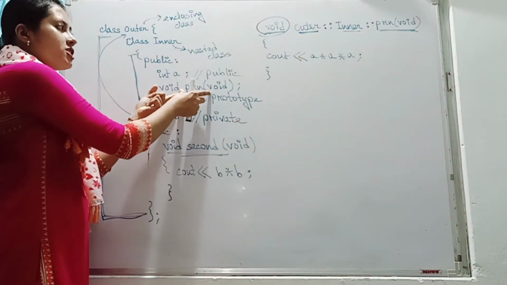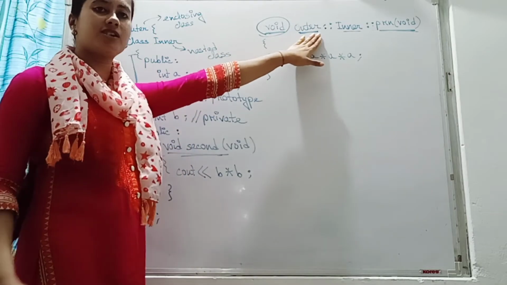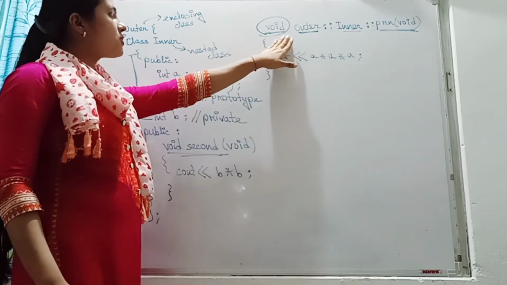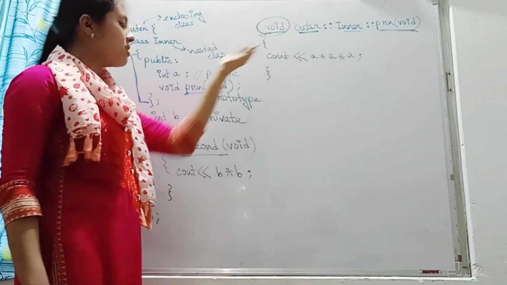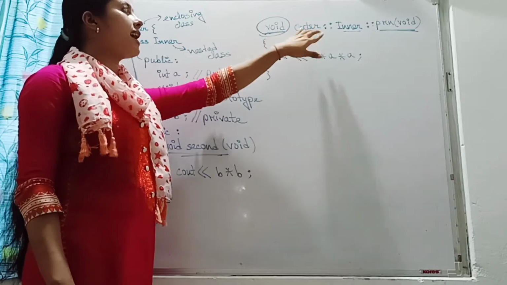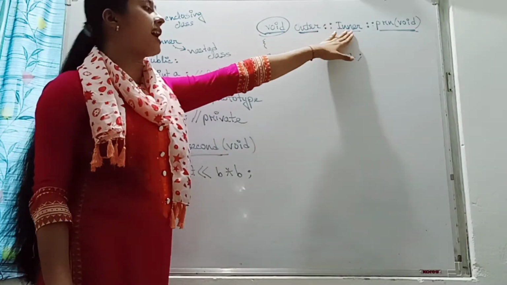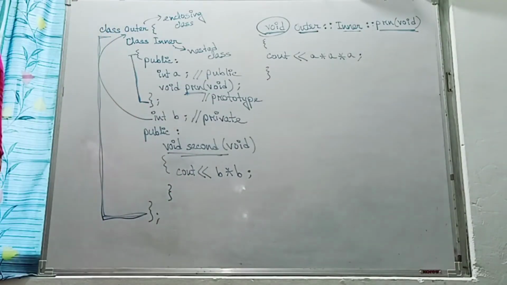Simply you write the function name and you define the function. But since we are writing the function outside the class, we have to give the full address. That is, first what this function is returning, void, then enclosing class, then nested class, then the function name. Okay.